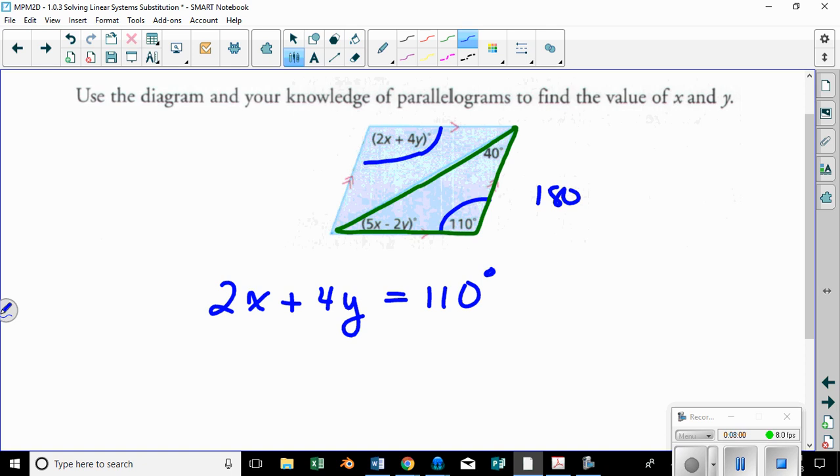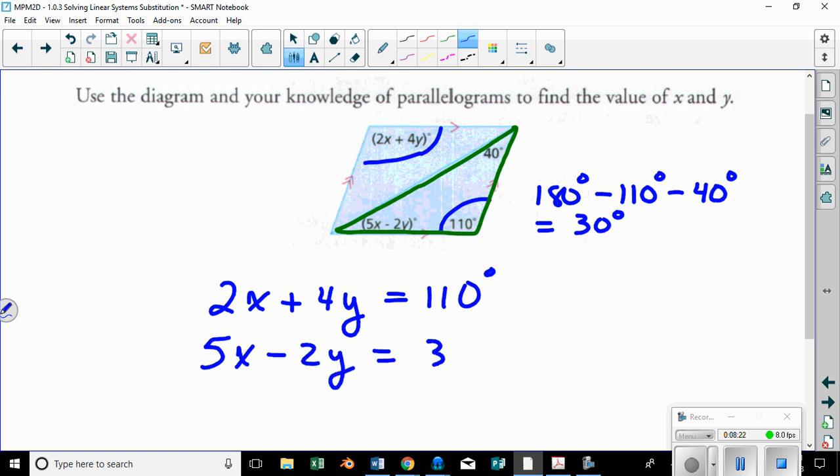So if I do that up here quickly, we know that the 5x minus 2y is going to give us the answer to that, which I'll write in a second, but just calculating this value, we get 180 minus 150, which is 30 degrees. Therefore, my second statement is 5x minus 2y is equal to 30 degrees.